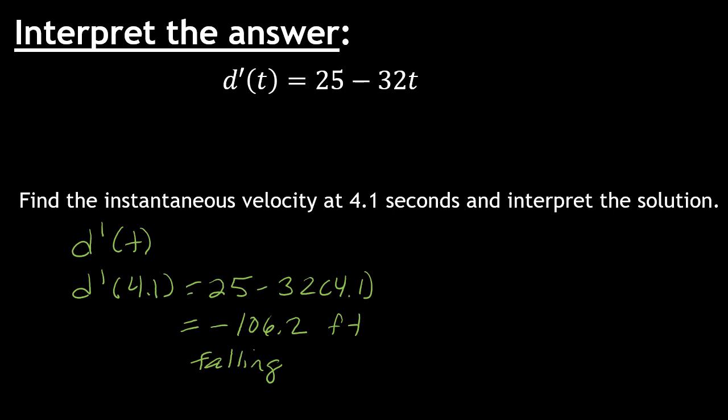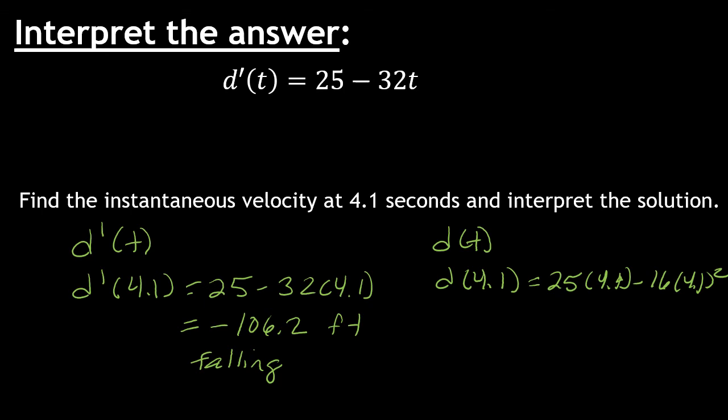All right. Now, if you want to know how high the object is at 4.1, that means you would go d of t, and you would find the distance at 4.1, and so you'd plug 4.1 into the original equation. So 25 times 4.1 minus 16 times 4.1 squared. And I have not put that into my calculator, but I can do that real fast.